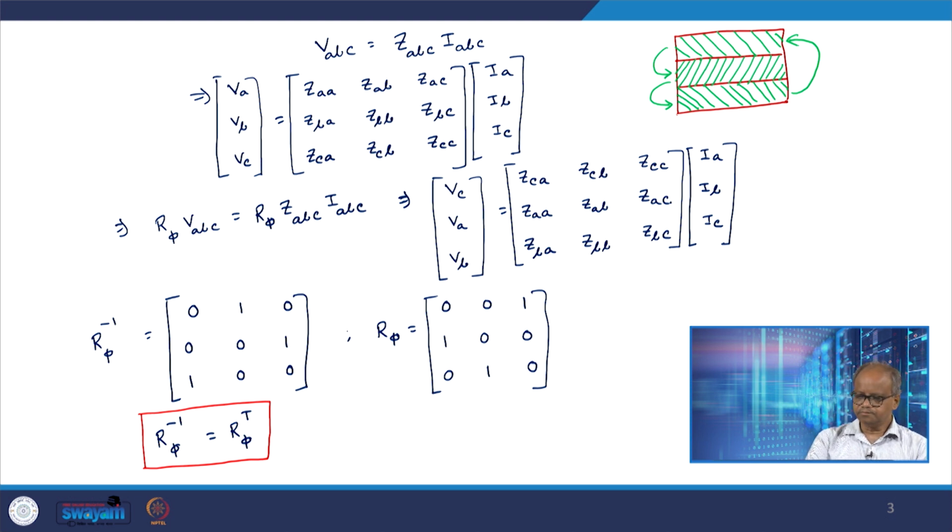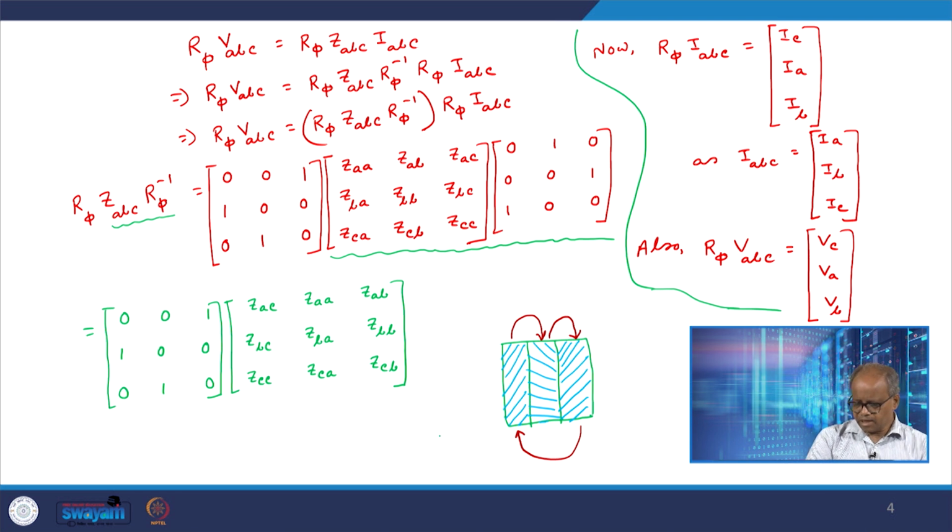So this is the effect of pre-multiplication by R phi, and this is the effect of post-multiplication by R phi inverse.